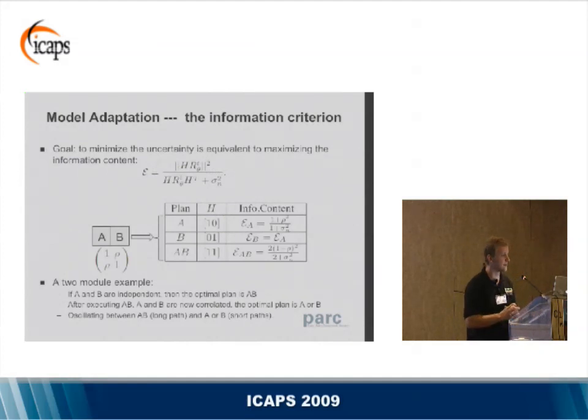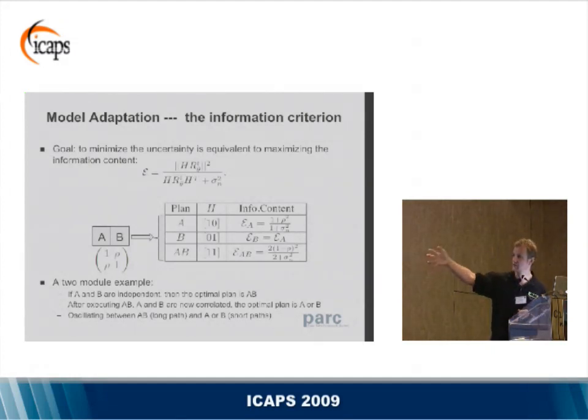A small example, the intuition, is that if you have a system with two components and you know nothing about the system, then what you really want to do is to run as many through them as possible. If you have already gathered some knowledge and these two components are, for instance, positively correlated, then you want to test them individually.